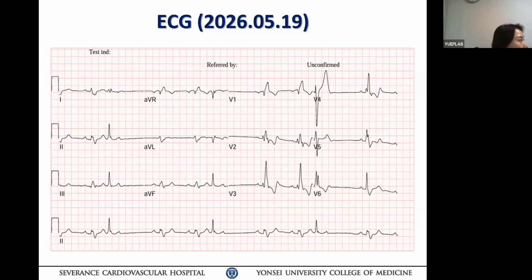Maybe it is from the fascicular region, and initially it looks similar to Mobitz type 2 block, but I don't think so. Maybe it could be concealed conduction.